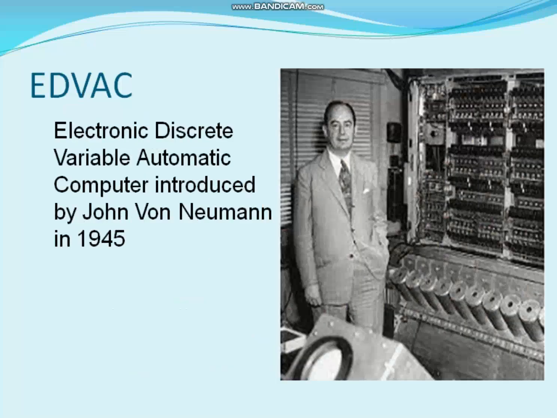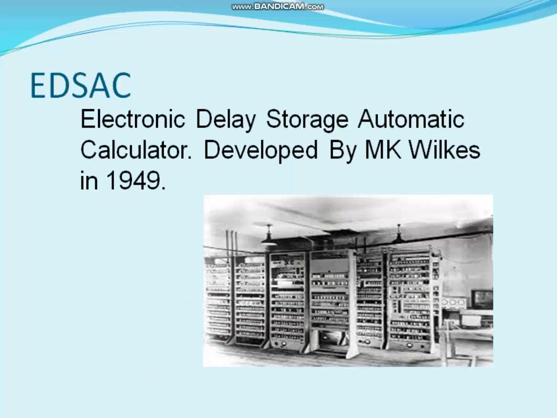Next we have EDVAC. The full form of EDVAC is Electronic Discrete Variable Automatic Computer. It was introduced by John von Neumann in 1945. Then we have EDSAC, Electronic Delay Storage Automatic Calculator.